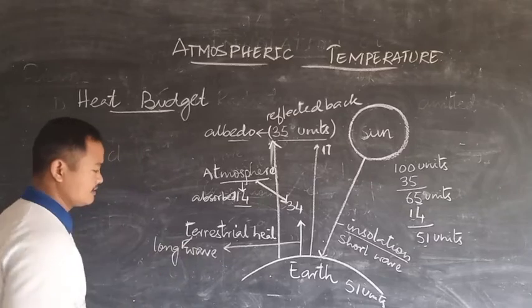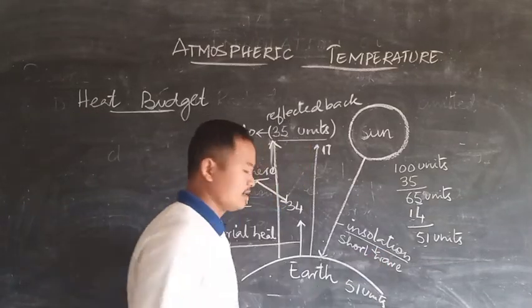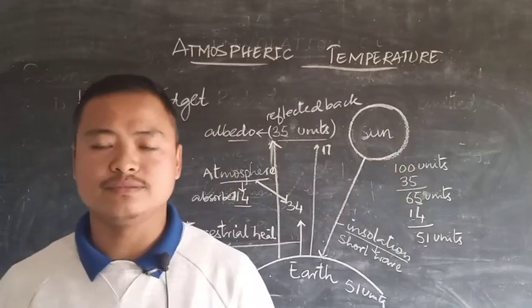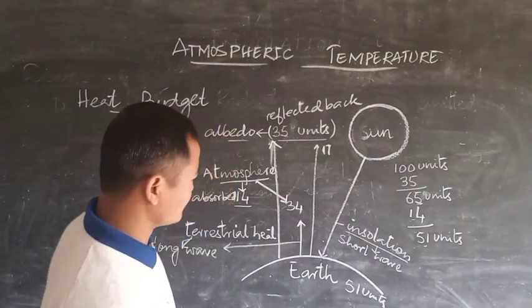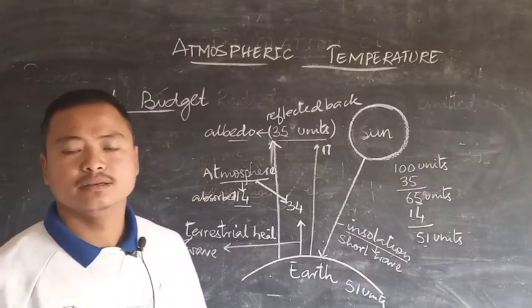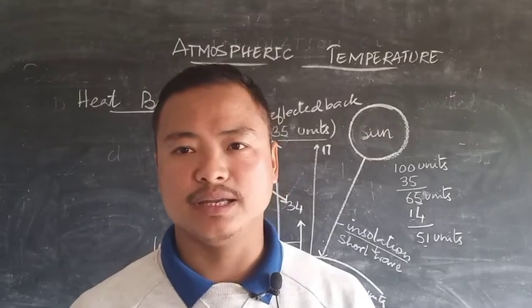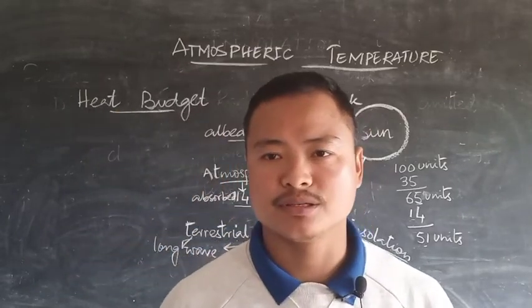So this is how we see that it is completely balanced with the earth's surface. This balance of incoming and outgoing rays of the sun is known as heat budget or heat balance of the earth.